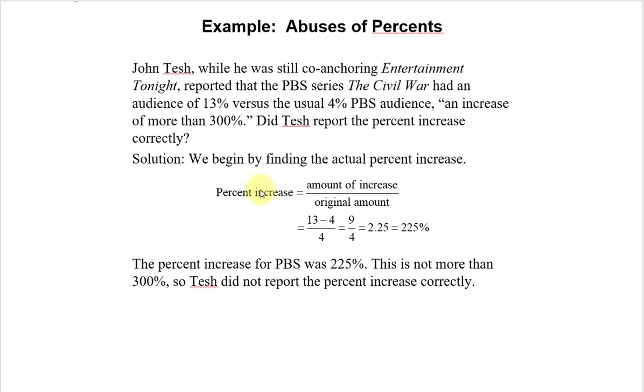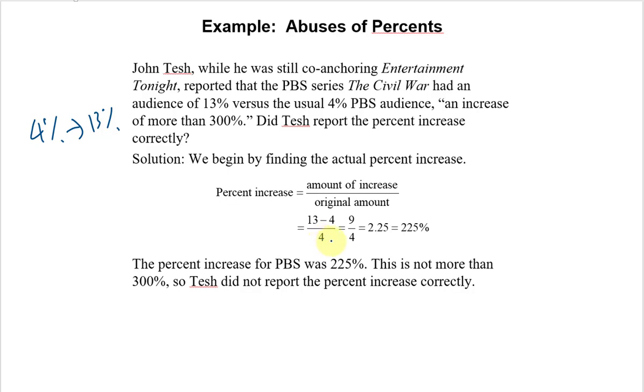Percent increase, remember, is equal to the amount of increase divided by the original amount. It went from 4% to 13%. Usually it is 4%, and now it went up to 13%, so the original amount is 4.